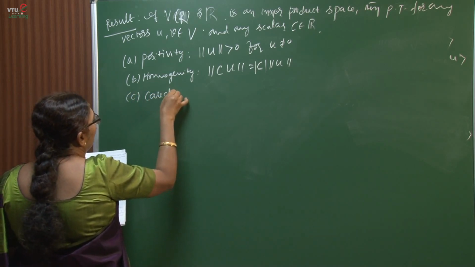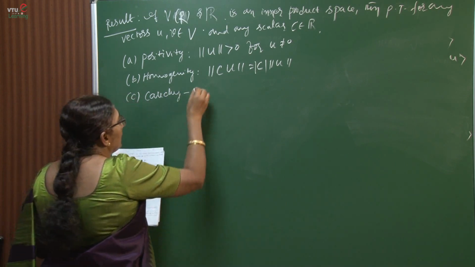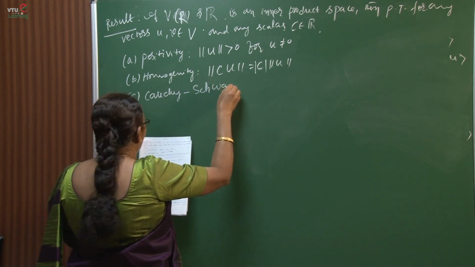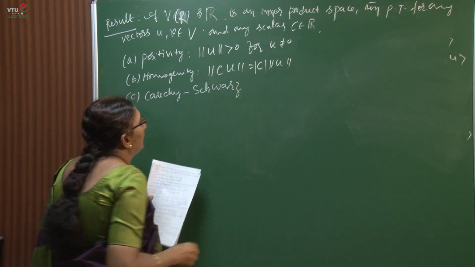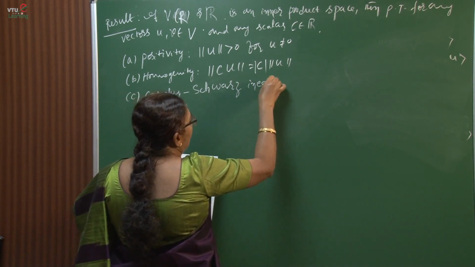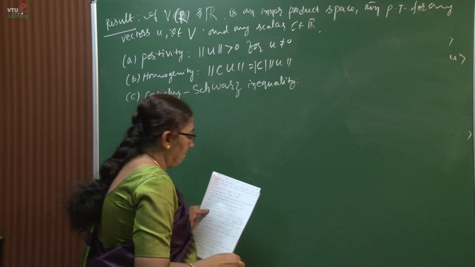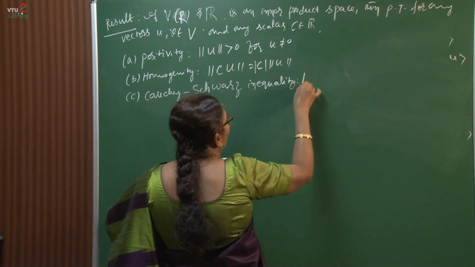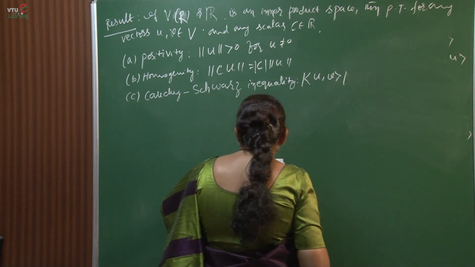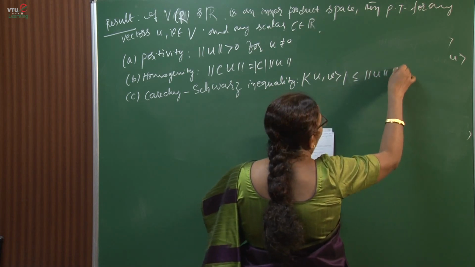Then Cauchy-Schwarz inequality: the absolute value of the inner product of u comma v is less than or equal to the norm of u into the norm of v.